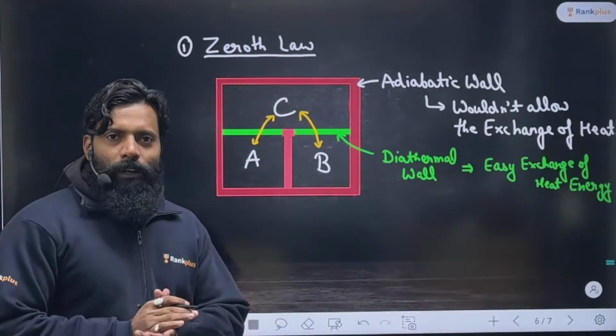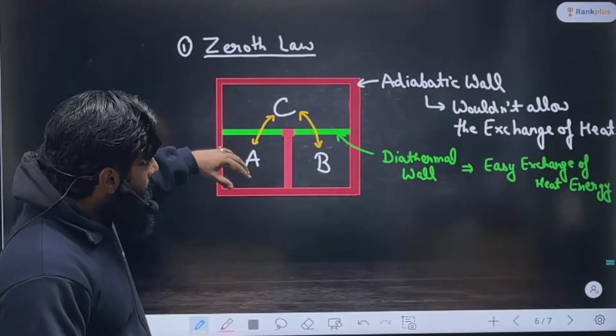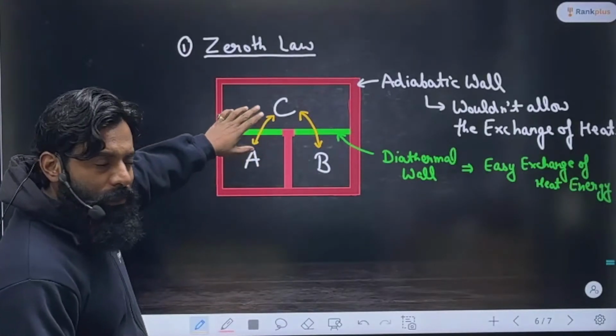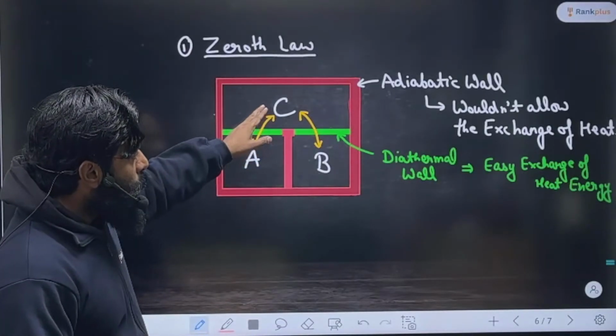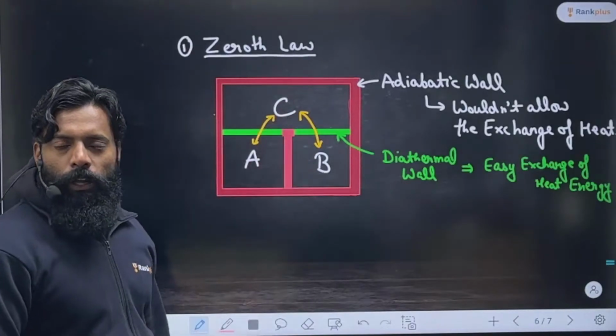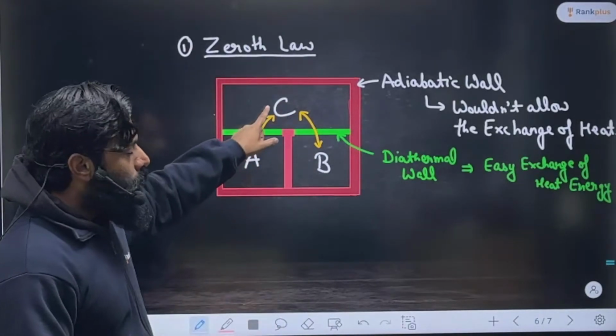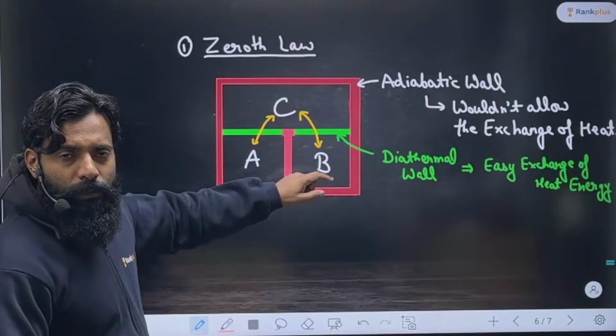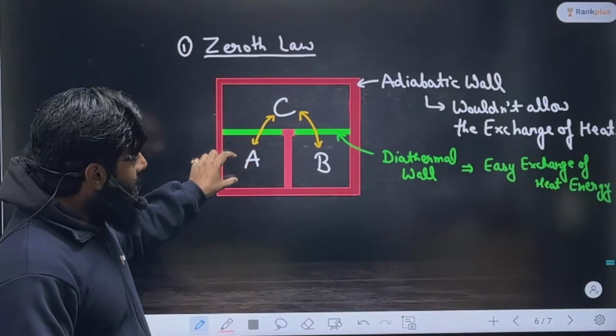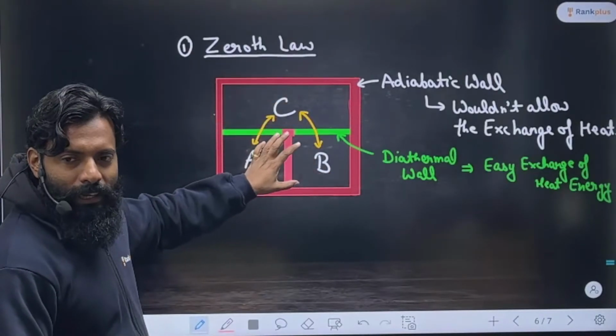After some time, the heat will easily be transferred from A to C. There is an easy exchange between A and C, and also between B and C. So A will be in equilibrium with C and C will be in equilibrium with B. It means that all three are in equilibrium.